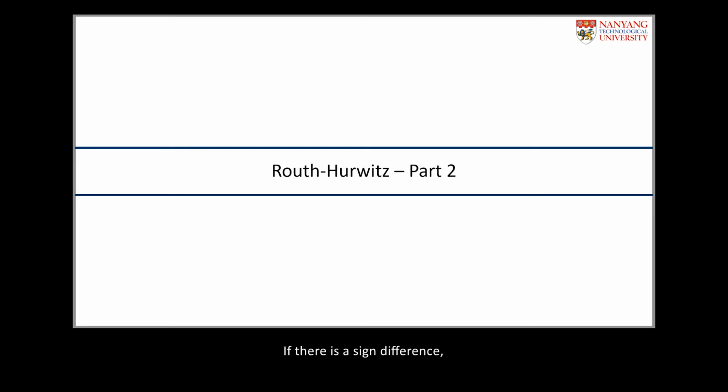If there is a sign difference, then your system is unstable. And how many times the sign changes in column one will tell you how many poles are in the right-hand plane. So from there, we can define if the system is stable or unstable.